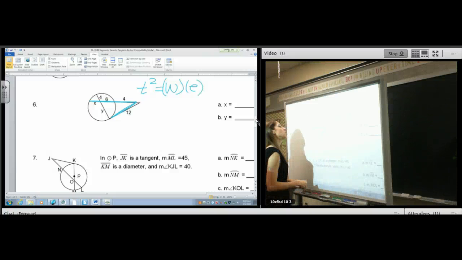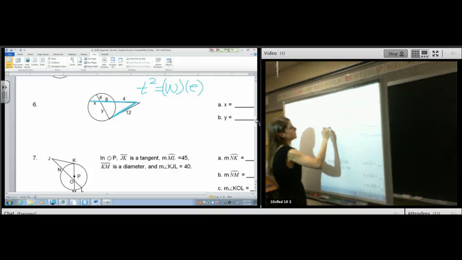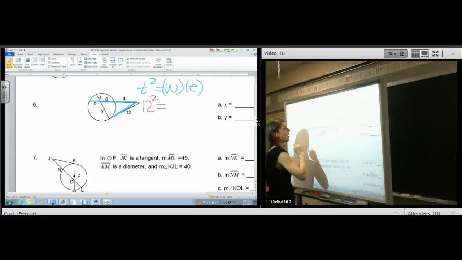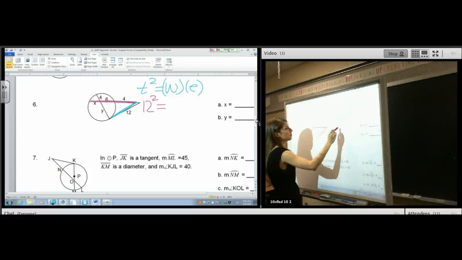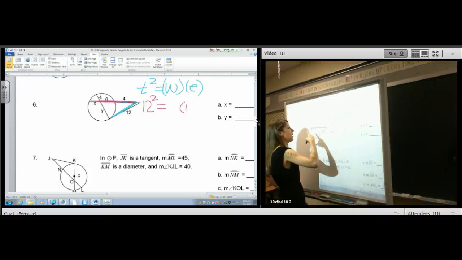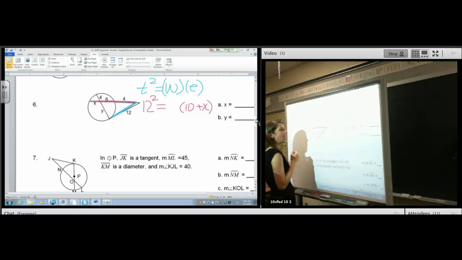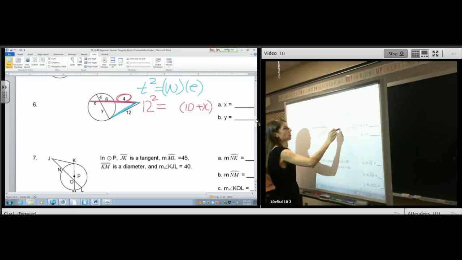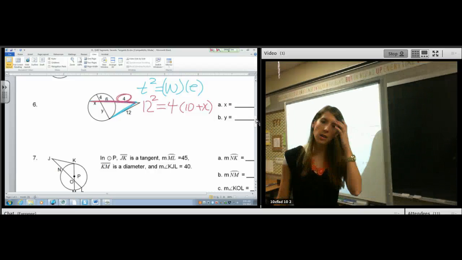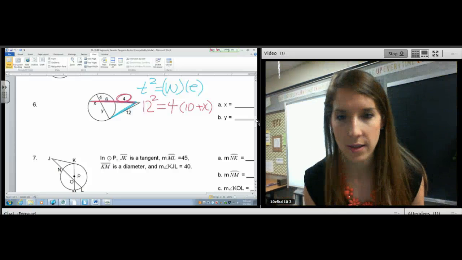So that's what I'm going to do to find x. The tangent is 12. 12 squared equals, okay, I need this whole thing. Do you agree that the whole is 10 plus x? And the external is 4. Are you okay with how I set it up for x?